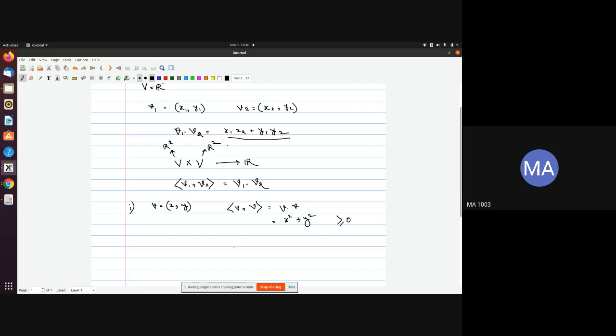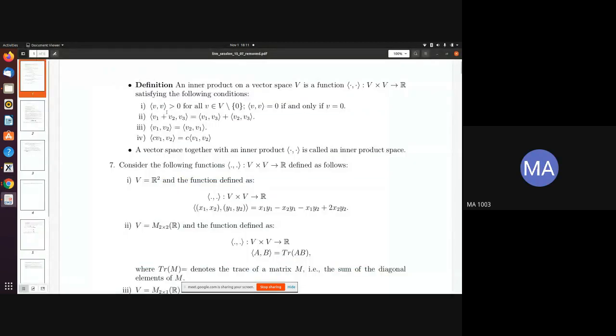Correct? And when is it 0? When x and y both are 0. If x square plus y square is 0, then they both must be 0. So what is our vector? 0 comma 0. Correct? And that was our first axiom. The inner product of a vector with itself is always greater than 0 if v is not 0, and the inner product is 0 if and only if v is 0.